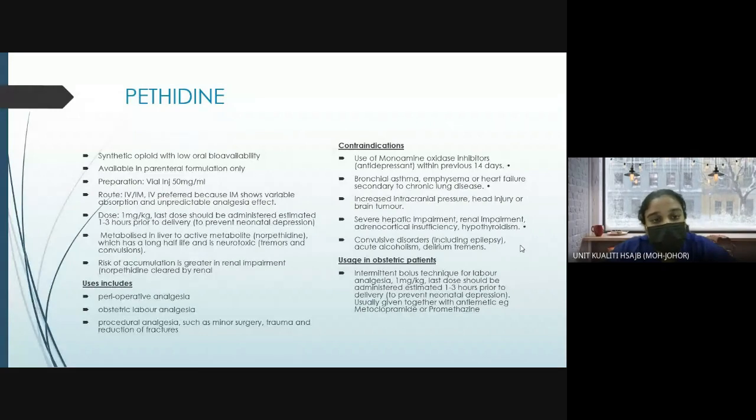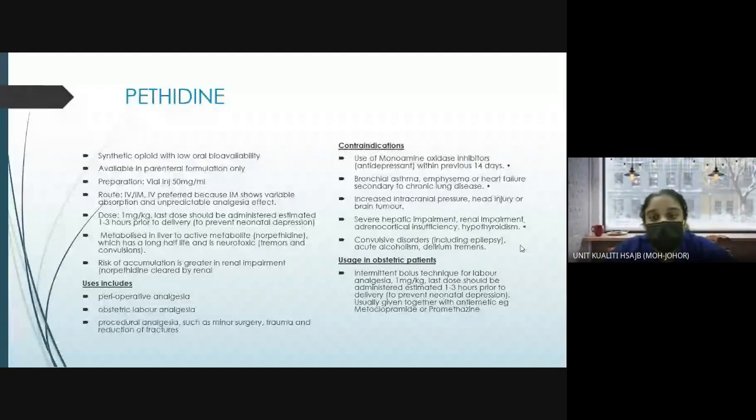It's normally metabolized in the liver to the active metabolite norpethidine, which has a longer half-life and is neurotoxic, which may cause tremors and convulsions. Risk of accumulation is greater in renal impairment patients. Uses include perioperative analgesia, obstetric labor analgesia, and procedural analgesia such as minor surgery, trauma, and reduction of fractures.